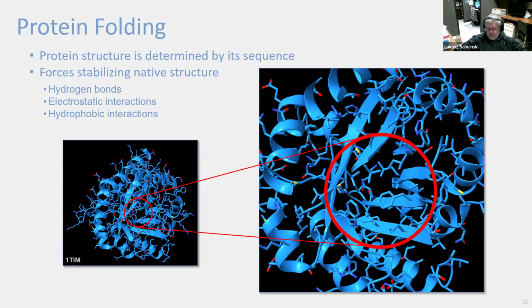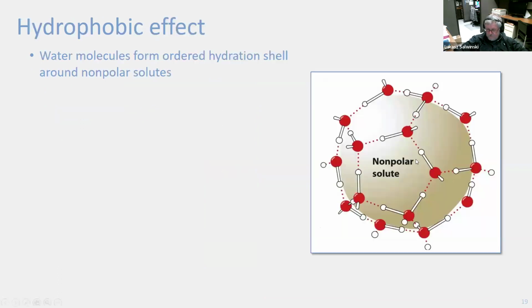Well, if you take an apolar molecule or atom, in general, that cannot form hydrogen bonds, the water around it will orient in such a way so that it doesn't waste the chance to form hydrogen bonds.